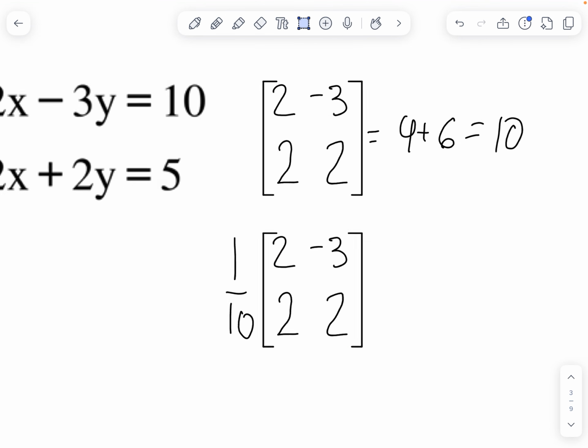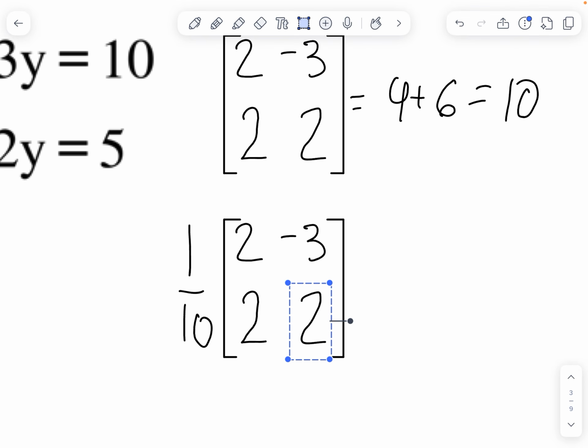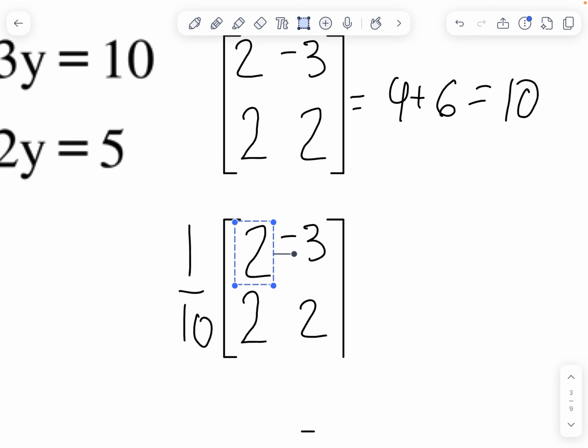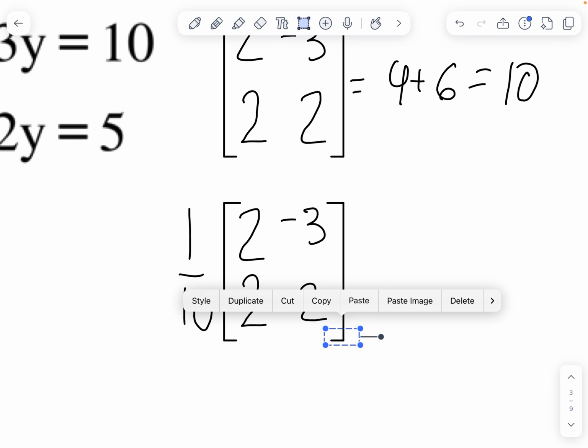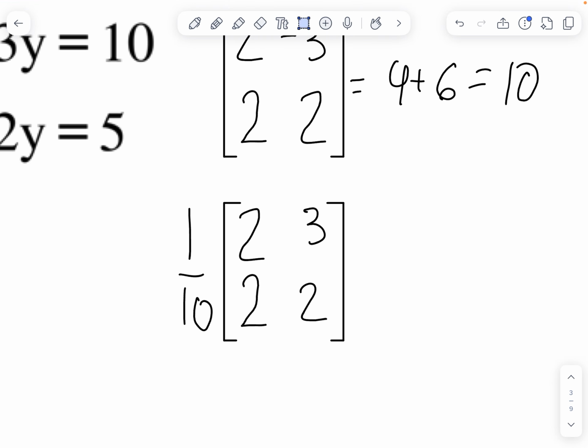Now we have to switch these numbers. I'm just going to do this for effect, but these two numbers swap. And then it's the opposite of each number for these ones. Actually, there's something easier.